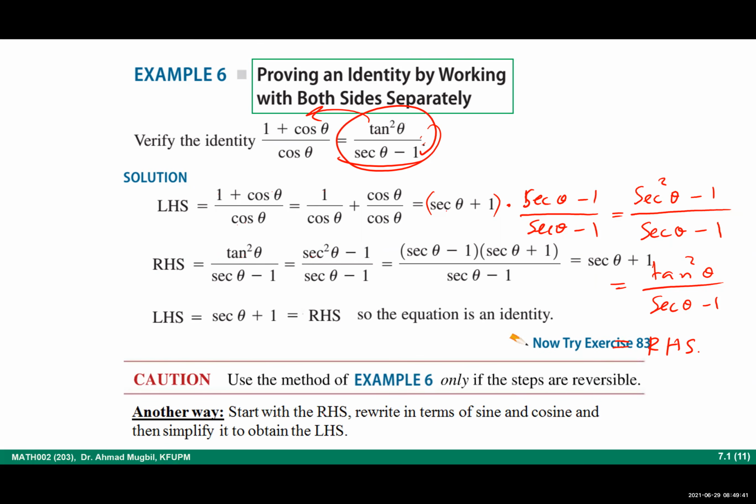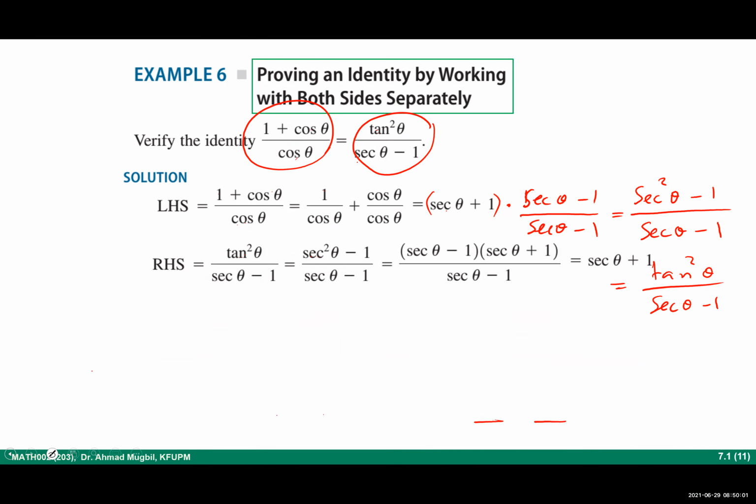Yes, you can start with the right-hand side, rewrite it in terms of sine and cosine, and then simplify. So one way, because if you look at this, what you have here, you have tangent and secant. What you have here, you have cosine. So it is, I think, very practical to convert these functions to sine and cosine. So let me do that here.